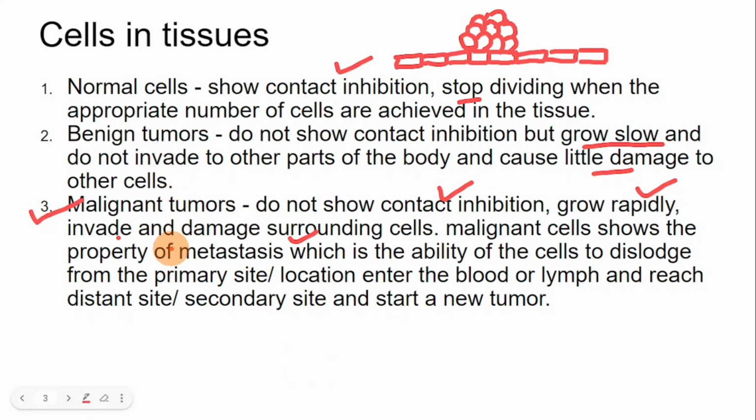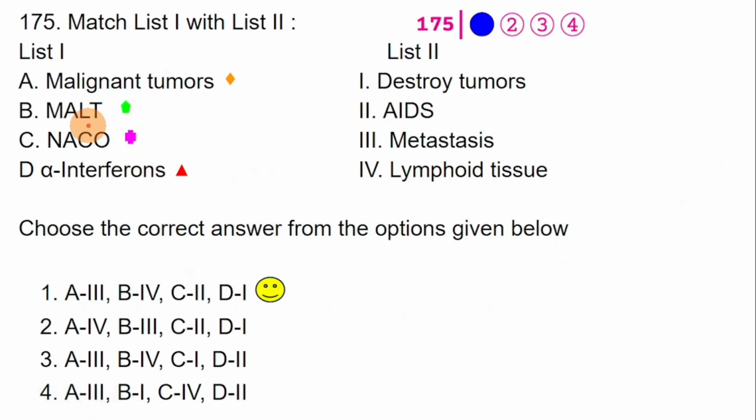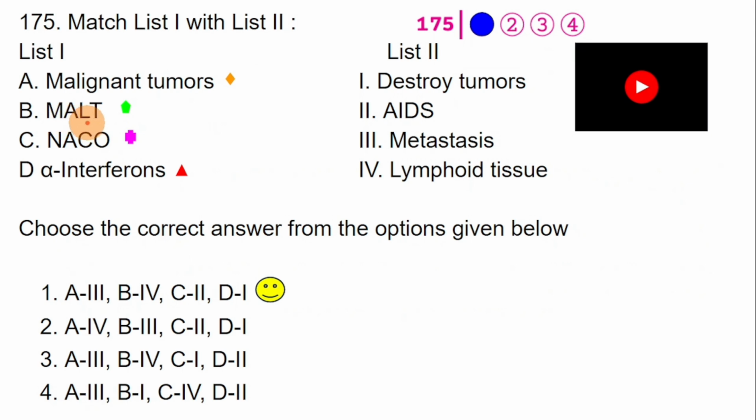Now the next one, MALT. Mucosa associated lymphoid tissue. Where is mucosa seen? They can ask you this question. The three important areas you should know are, first, the respiratory tract.